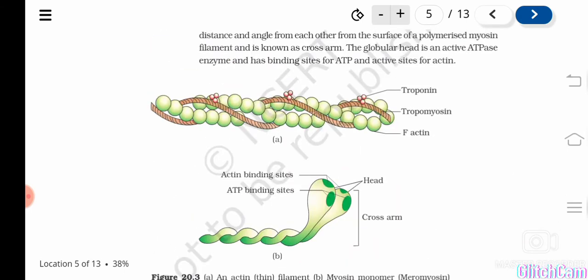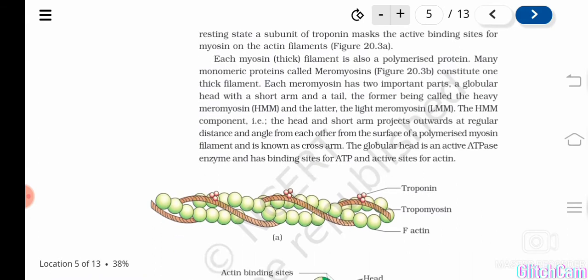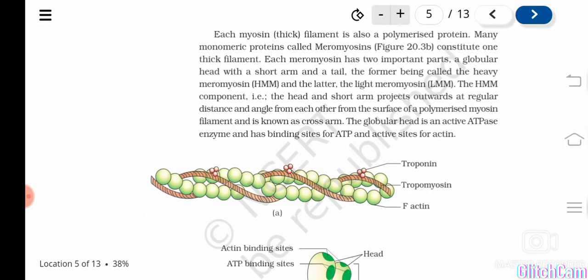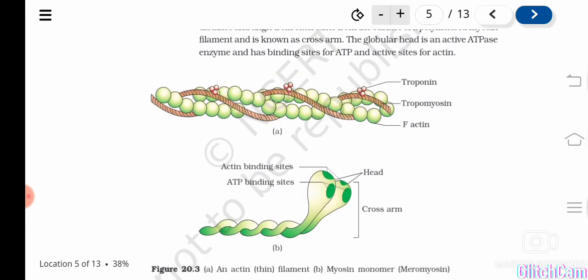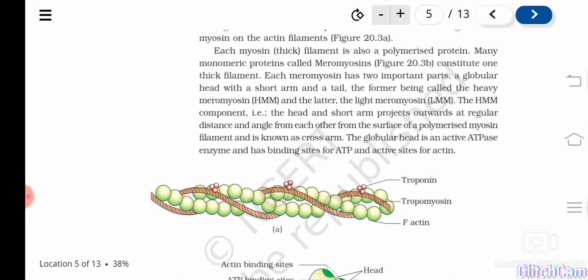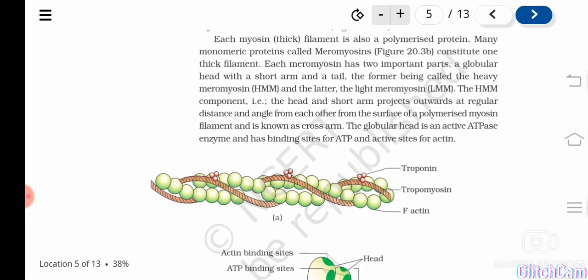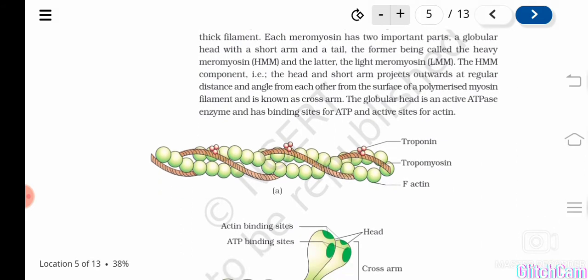Now myosin filaments, if you see, each myosin is also a polymerized protein made up of monomeric proteins. Polymerized means which are made up of monomer units. And its monomer is known as what? Meromyosin. Understood? Now, meromyosin is having two important parts.